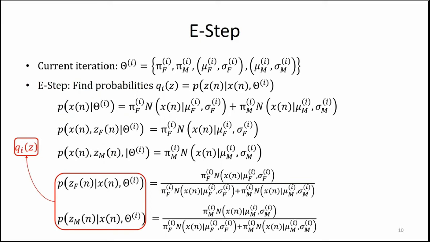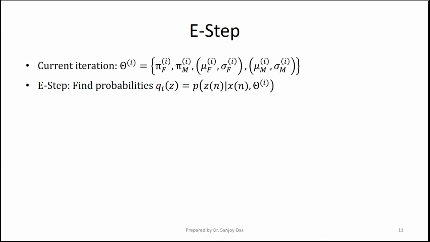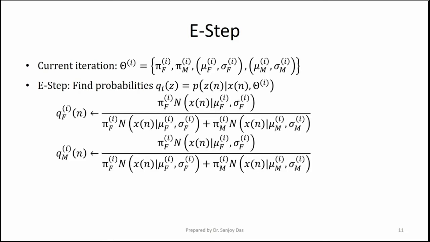And these conditional probabilities, P of z f given x n theta i and P of z m given x n theta i, are nothing but the q i of z's, which is what we want for the E step. Therefore, we have devised our E step, which is explicitly carried out by using these expressions here.